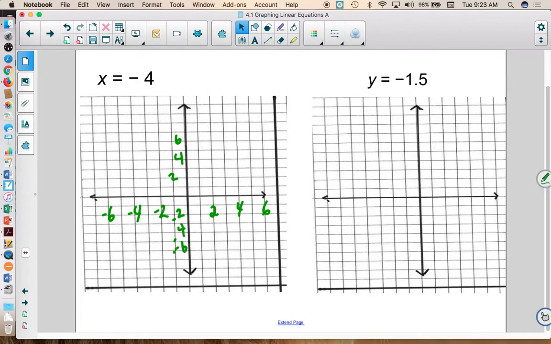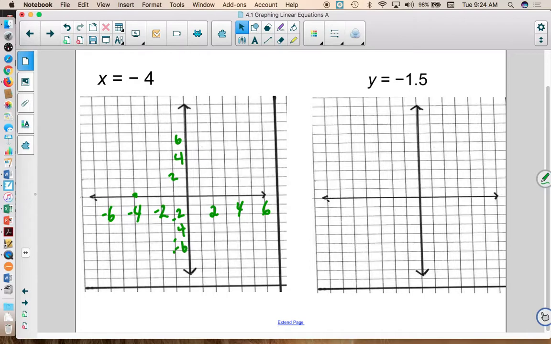Where is x being -4? Where do I find it on the graph? Come here and show me it. Show me where x is -4. Put it up there.